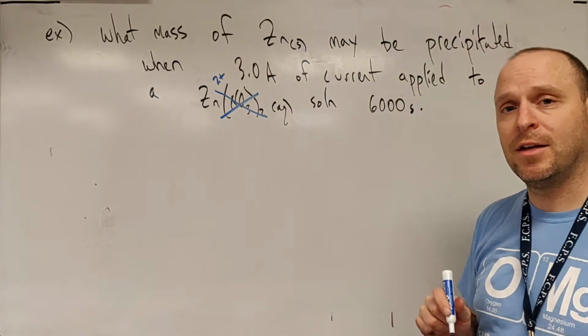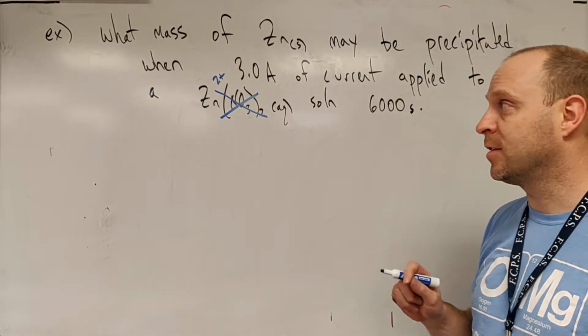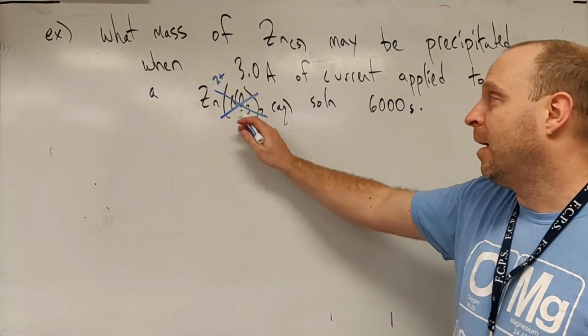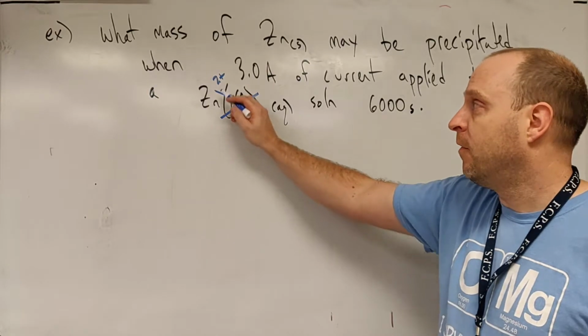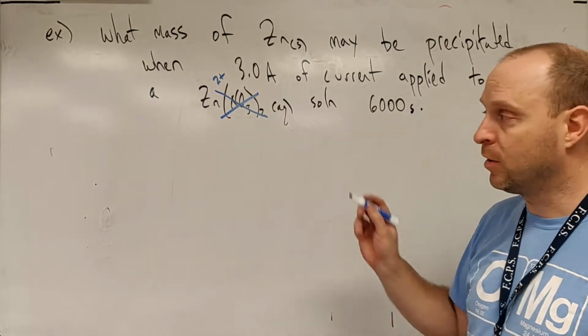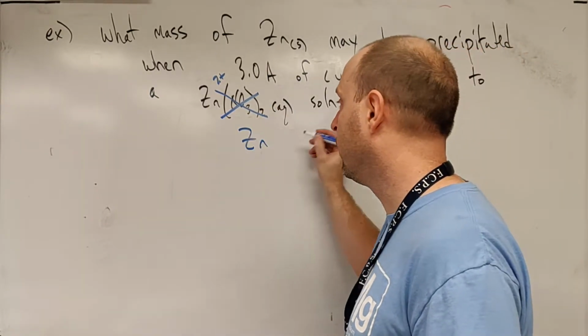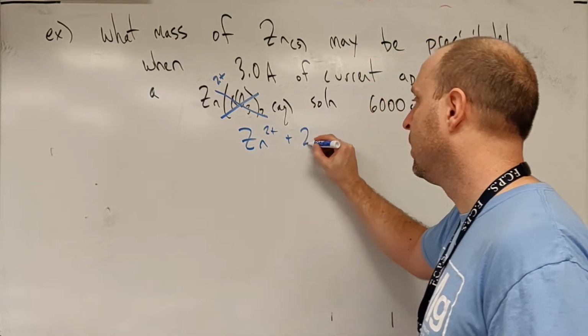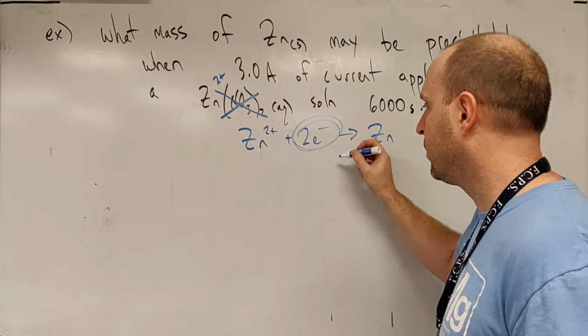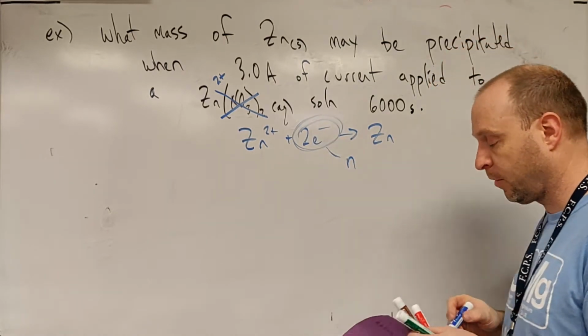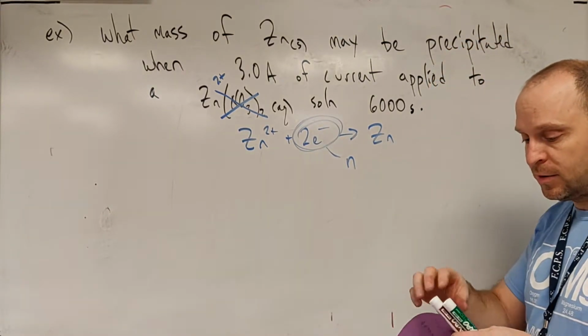As soon as that zinc nitrate hits the water, it dissociates into zinc ions and nitrate ions. I'm not worried about what the nitrate ions are going to do. They're spectators in this case. I'm very worried about what the zinc ions are going to do. And they're going to follow the reaction that we wrote a little while ago, Zn2+ plus 2 electrons going to zinc, all right? And this number right here is super important. That's our n, our number of moles for the actual stoichiometry.